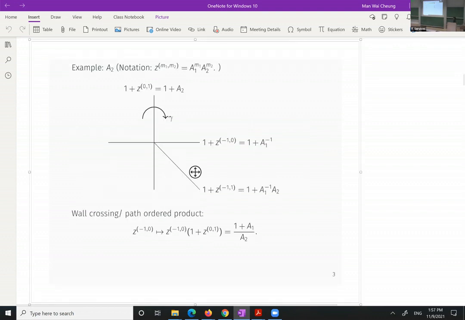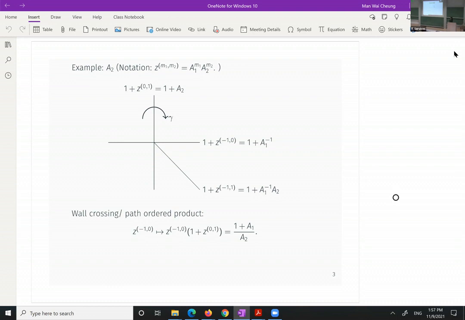Okay, this is our favorite example, the A2 example. Let's look at our scattering diagram. We have 3 walls, and to each wall we associate a wall function. You can see here I have the point (-1, 0), and this is my polynomial. This is a scattering diagram for the cluster algebra of type A2.